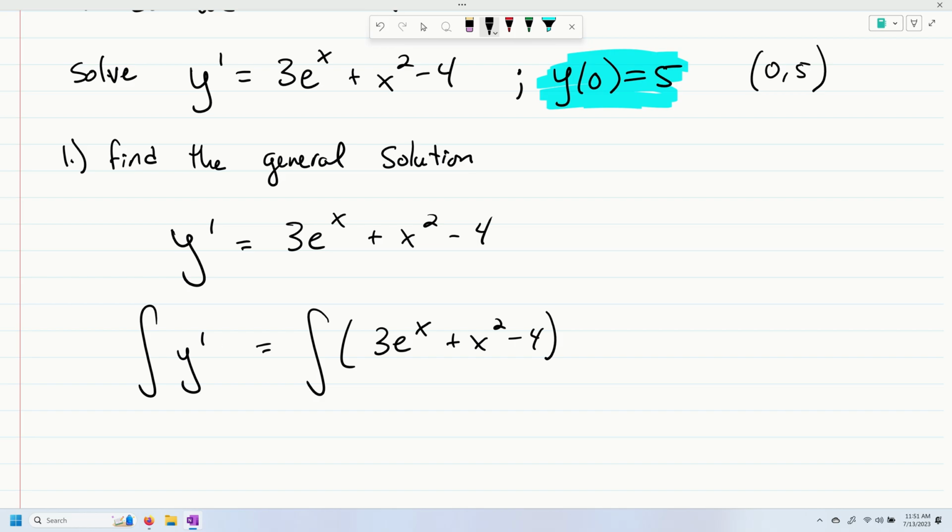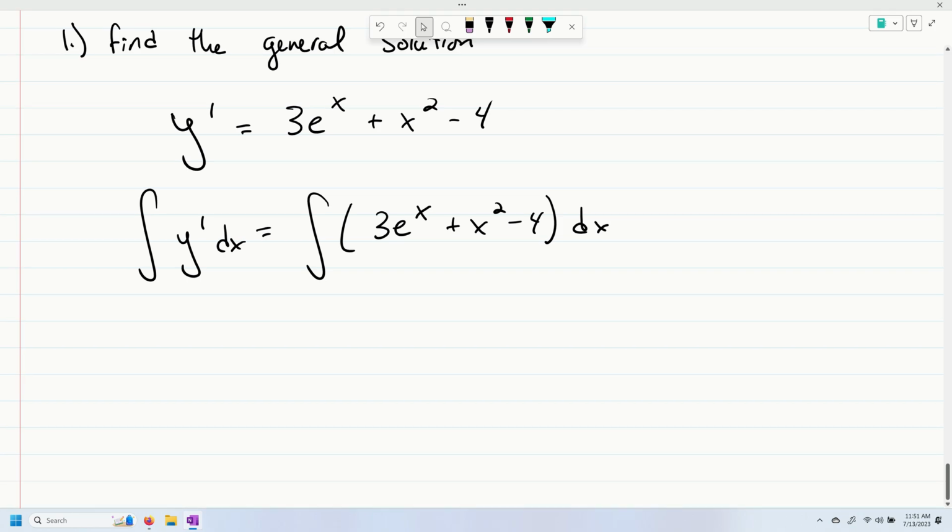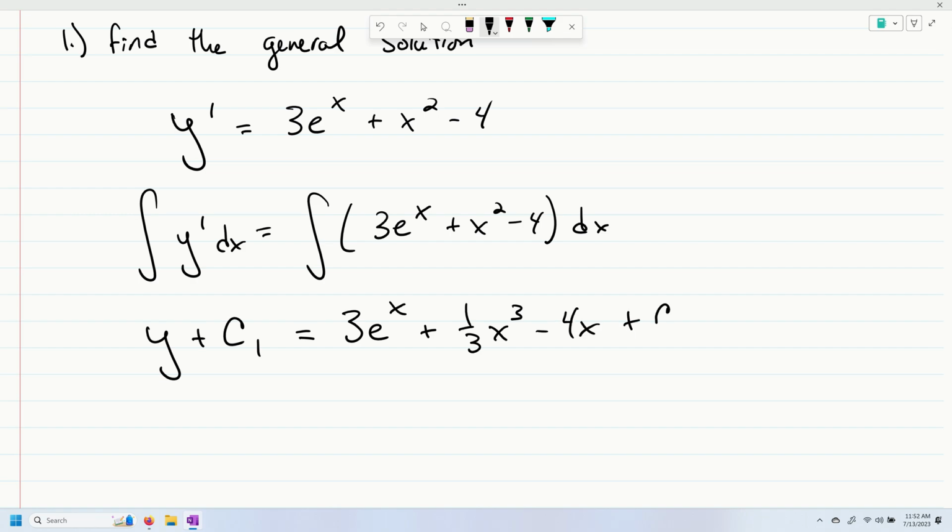All right. Now we integrate both of these with respect to x. And when you do that, on the left-hand side, you're going to get y plus a constant. So I'm going to put c1. Because on the right-hand side, when you integrate this, you get 3e to the x plus 1/3 x to the third minus 4x plus another constant.